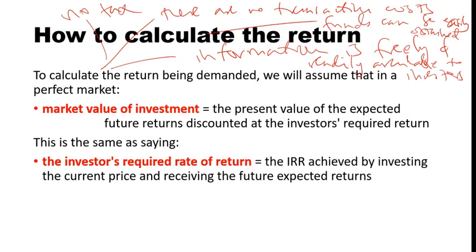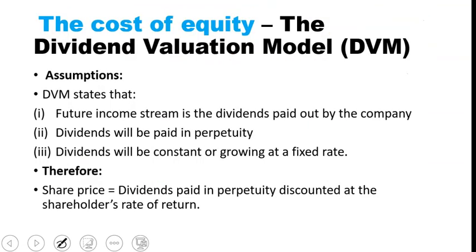So this is the same as saying the investor's required rate of return is equal to the internal rate of return achieved by investing at the current price and receiving the future expected returns. This is what we are going to center on in most of our computations as we proceed deeper into the lecture.